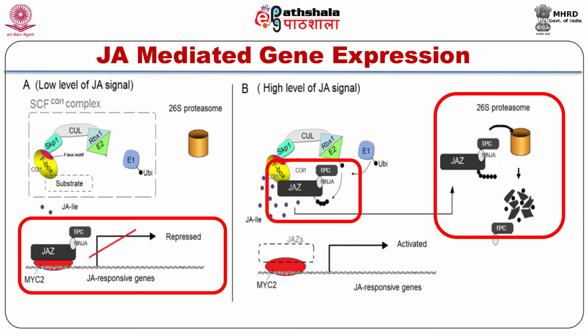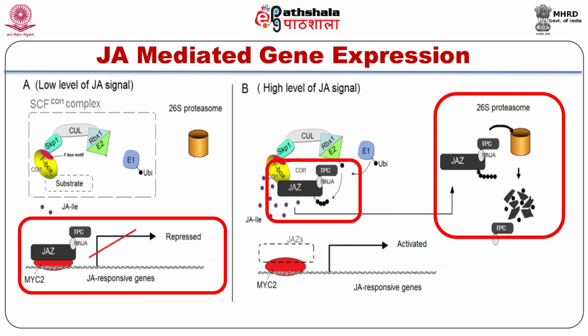From the previous slides, we know that the most bioactive form of jasmonate is JA-isoleucine. It is structurally and functionally similar to the phytotoxin coronatin. Coronatine insensitive 1, or COI1, belongs to a highly conserved family of F-box proteins that recruit substrates to the SKP1-Cullin-F-box protein, or SCF, E3 ubiquitin ligase complex.